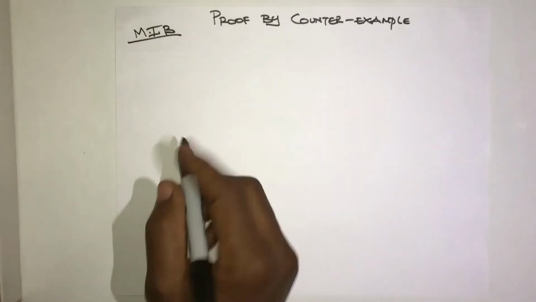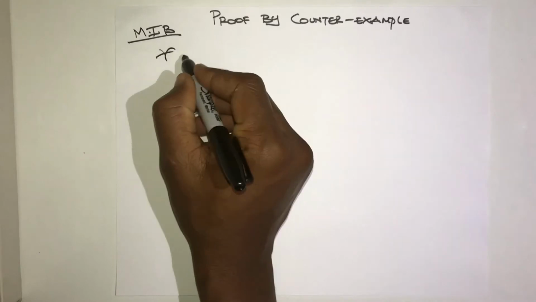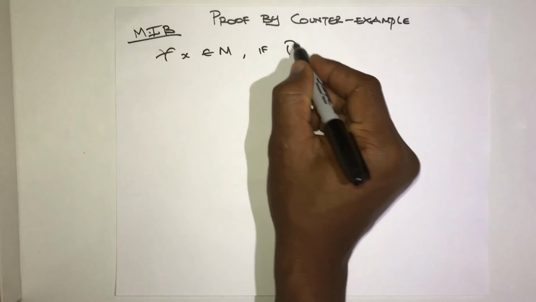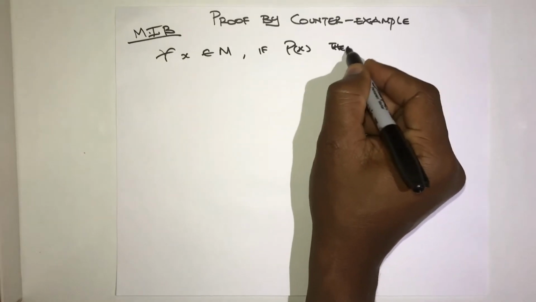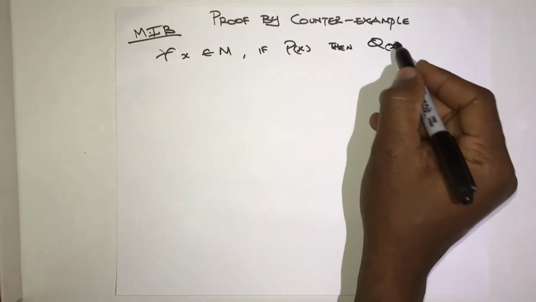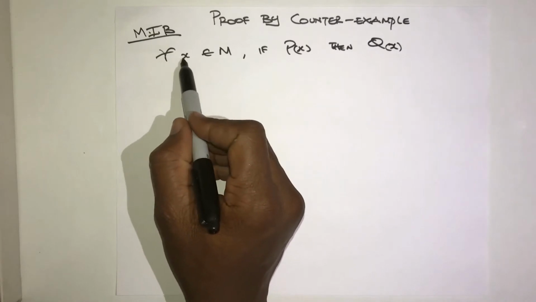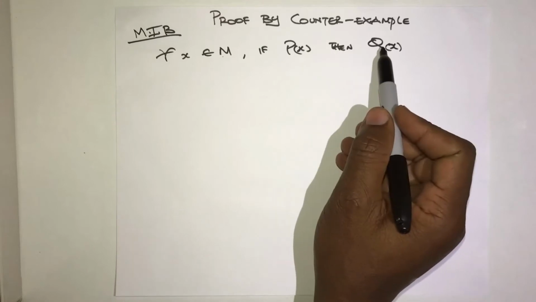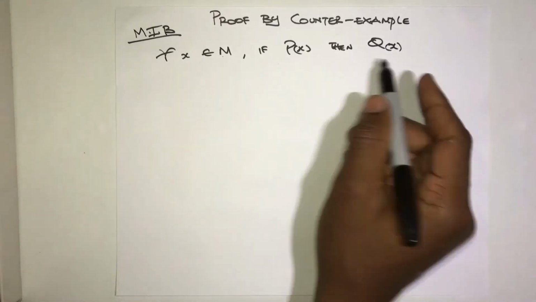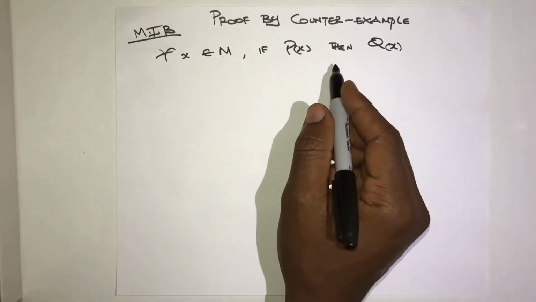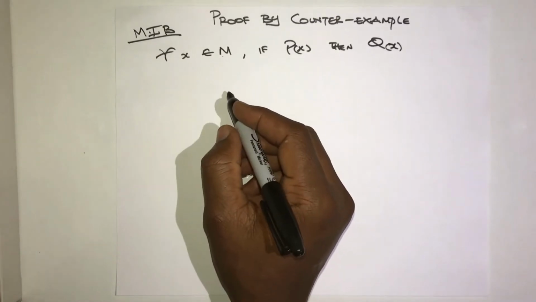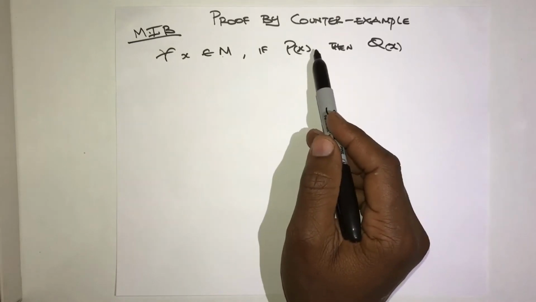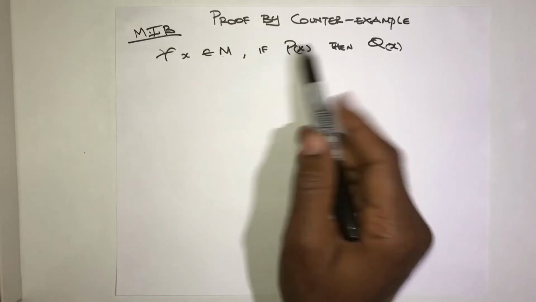Now let us just consider a statement. For all x, which is an element of M, if P of x, then Q of x. Now this is saying that for all x, which is an element of M, if P of x holds true, then Q of x holds true. For the counter example, what you'll actually do is prove the falsity of this statement. And how do you do that?